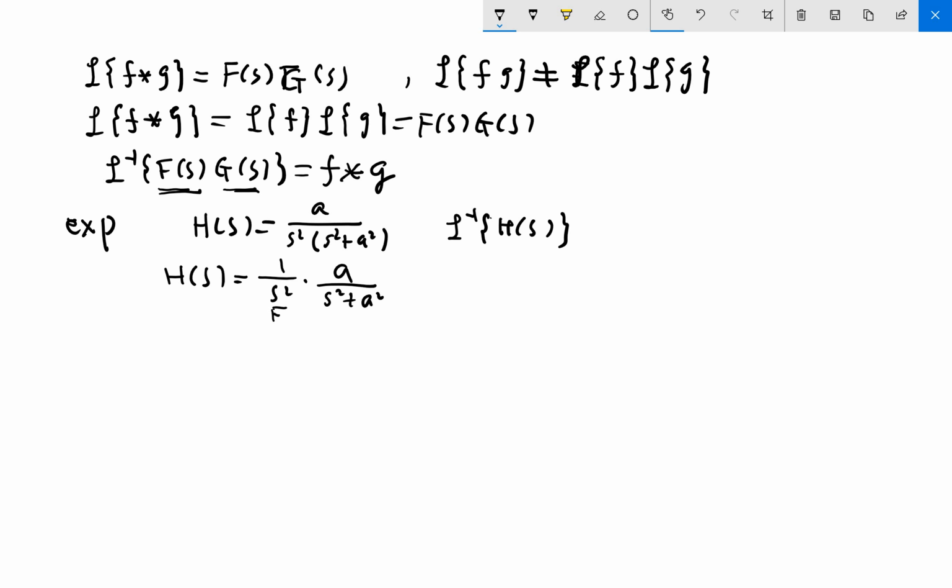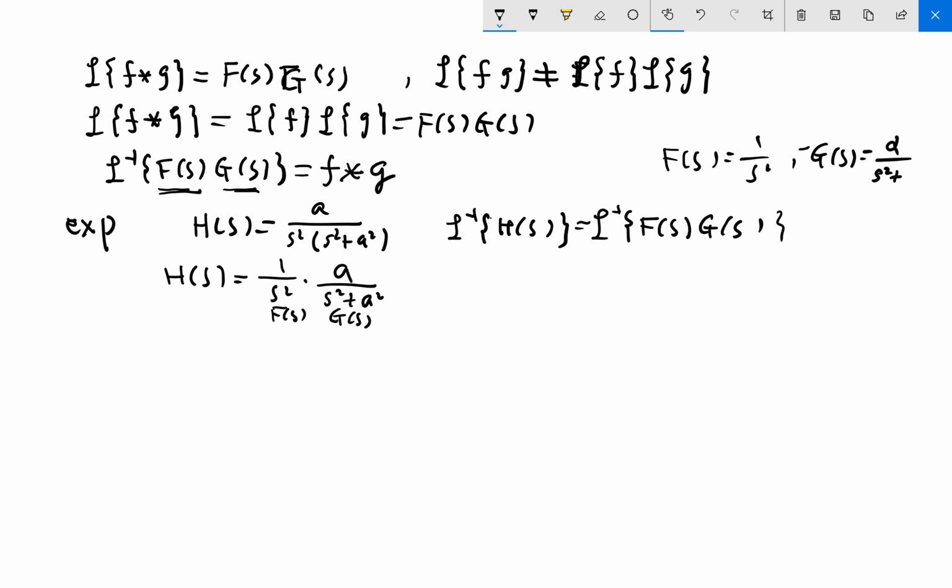We call the first one capital F(s), the second one capital G(s). So we need to find the inverse Laplace transform of capital F(s) and capital G(s), right? Capital F(s) here is 1 over s squared, and capital G(s) is a over s squared plus a squared. So by using this formula, we find the inverse for this one and that one, then compute the convolution of those.